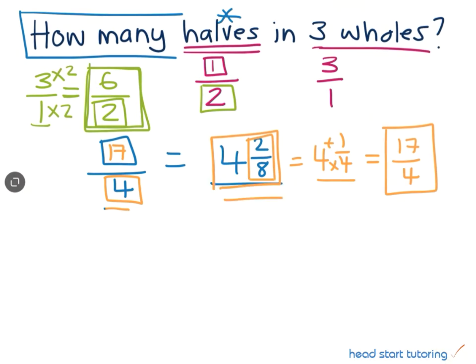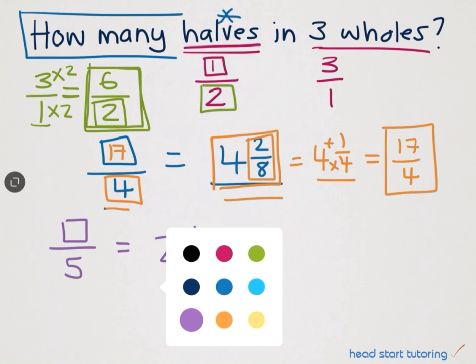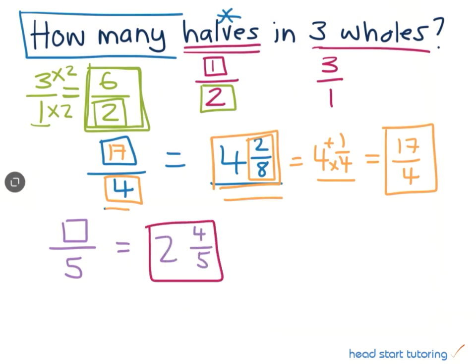Right, let's have a look. How many fifths are there in 2 and 4/5? We know that a fifth is something out of 5. So we need to convert this fraction into an improper fraction out of 5, but we've already got it out of 5, so that's perfect.